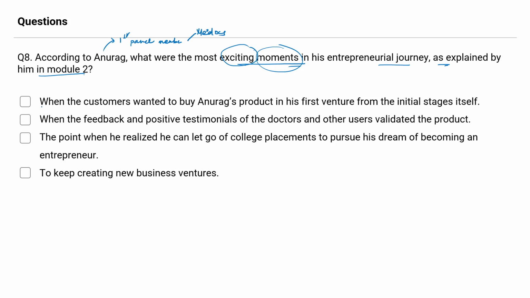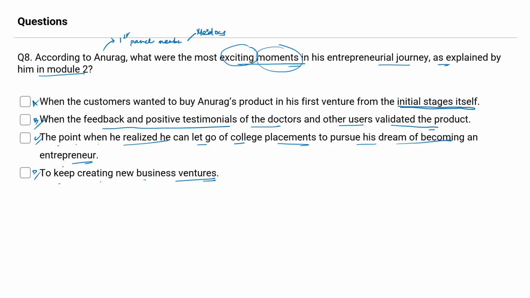The options are when the customers wanted to buy Anurag's product in his first venture from the initial stages itself, when the feedback and positive testimonials of the doctors and other users validated the product, the point when he realized he can let go of college placements to pursue his dream of becoming an entrepreneur, or to keep creating new business ventures.